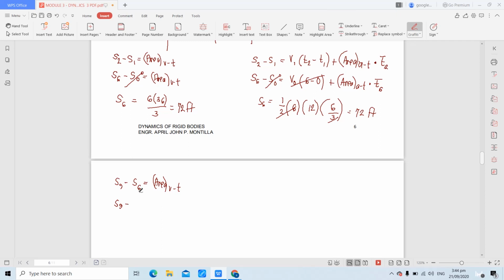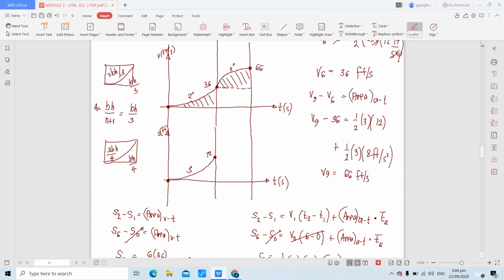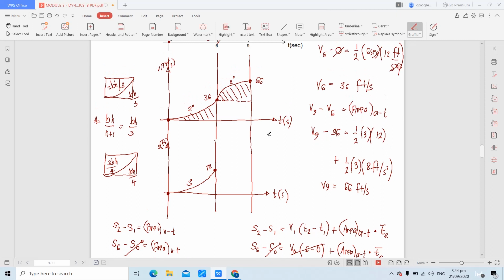Wala pa tayo. Minus, position at 6, na-compute na natin. 72 feet. Kaya kapag mali kayo dyan, medyo domino effect. No? Dapat from the start pa lang, medyo tama na yung sagot natin. Area ng velocity versus time graph from 6 seconds to 9 seconds.